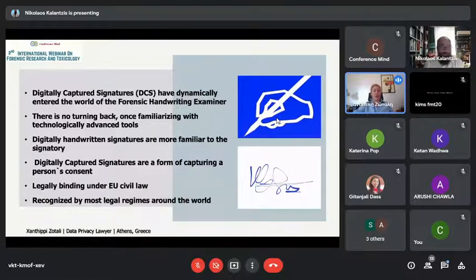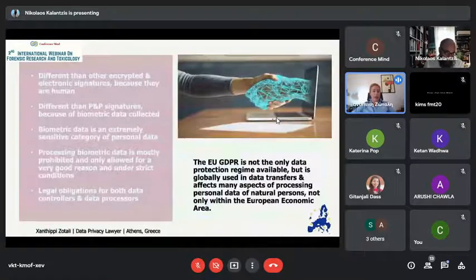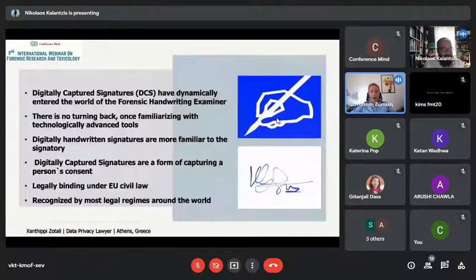Yeah, there you go. It's true, as Nico mentioned, the biometric data that is extracted from the digital capture signatures are everywhere. And this is not a bad thing. The digital capture signatures have dynamically entered our world and the forensic examination world, and they're here to stay.